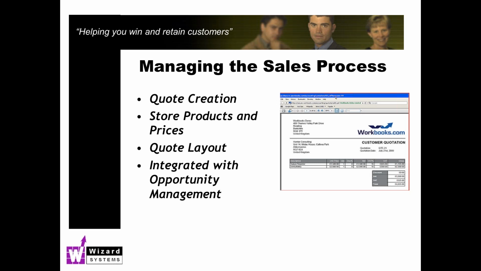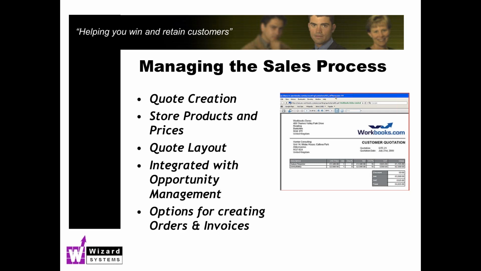Plus, we integrate with the opportunity in Workbooks. So this is like another screen, another dimension to Workbooks that stores more information about the potential sale you're going to make, the potential revenue coming in, with a description of the thing that you hope to sell, the value, the probability, when is it going to come in, and you can track more information against that opportunity if you wish.